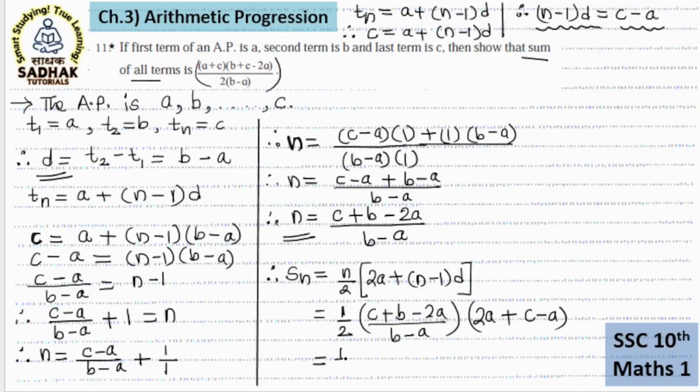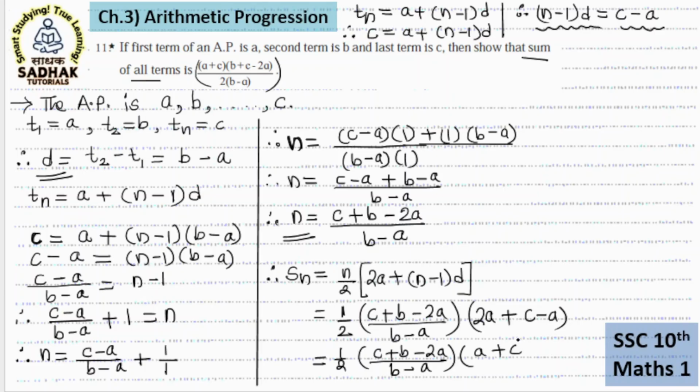So now that will be half multiplied by (c plus b minus 2a) upon (b minus a). Okay, and now this 2a minus a will become a plus c.